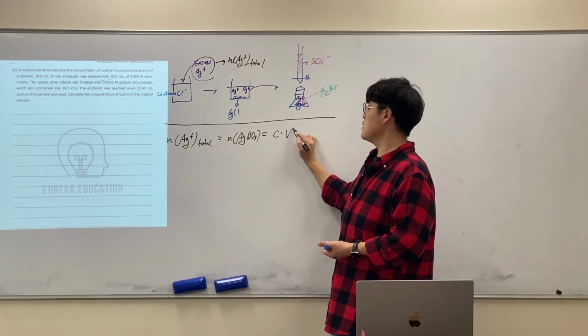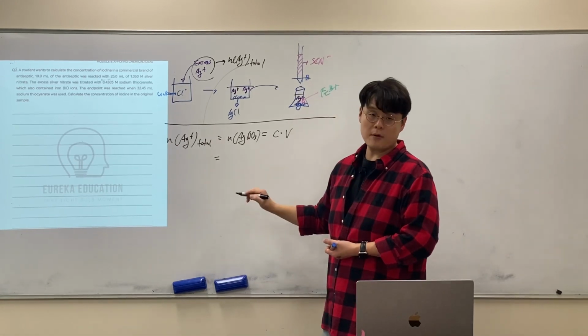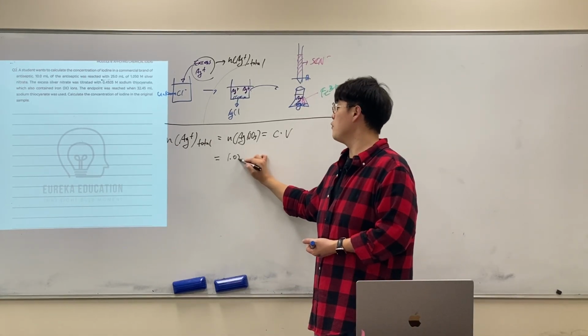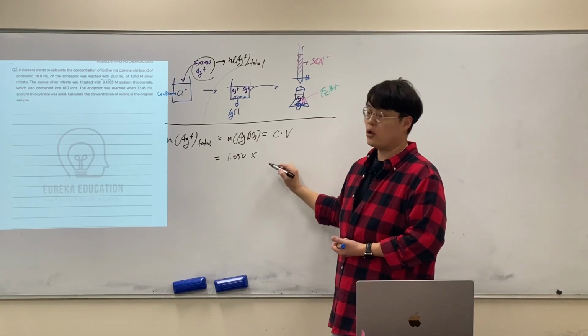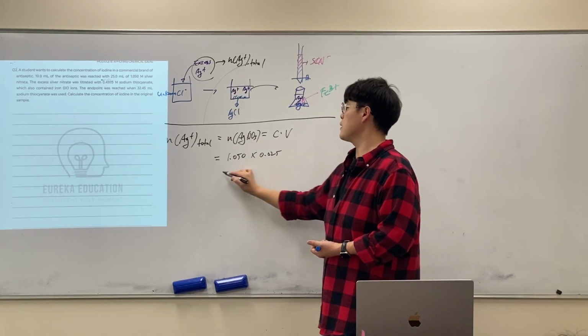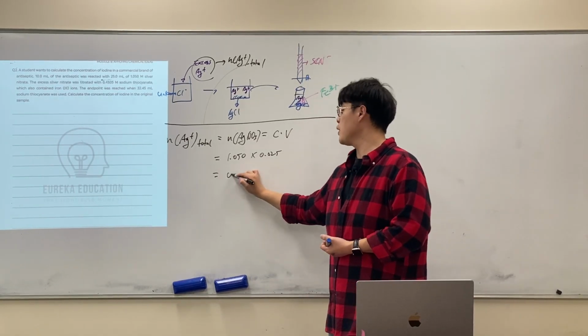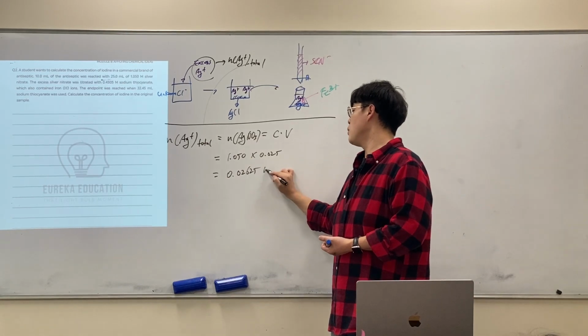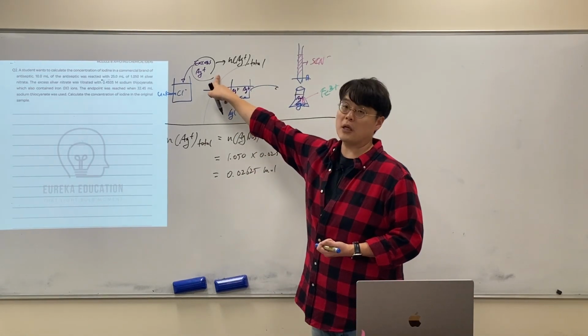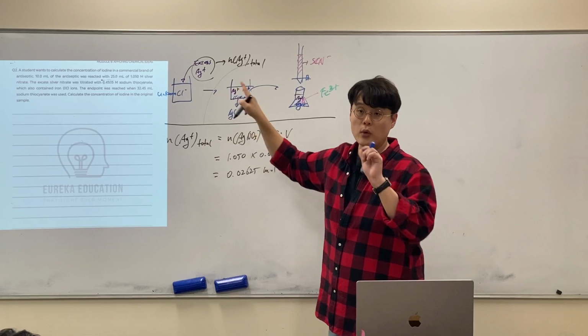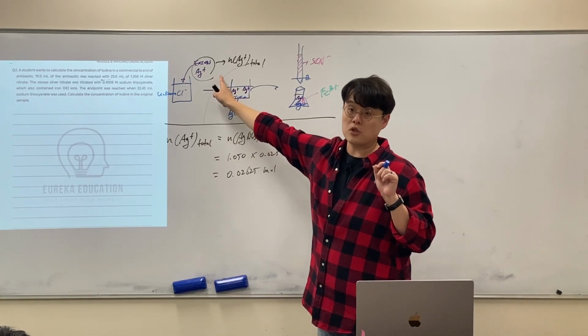That's found by CV. This can be found by what? 1.05 times 0.025. Then what you should get is 0.02625 mole. That's the total amount we put in of silver here. Yes, this is what I said: you will be given how much you put in here.